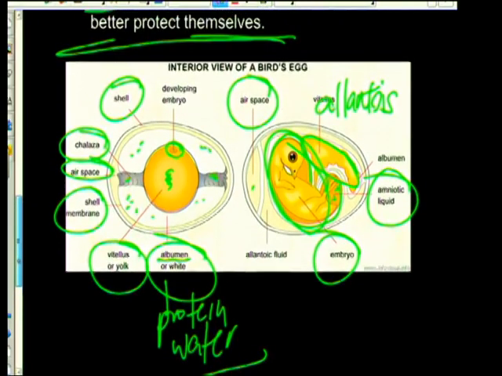Another question I'd like to ask you, and this I just want you to think about. It's not a question that we're going to answer in this particular segment. When you do human reproduction, you must try and put these two things together. If we look at the bird's eggs and some other oviparous organisms, we'll find that the allantois is a large structure. It's a large sac to store the waste products. And also we can see clearly it has a large yolk sac for the food as well.